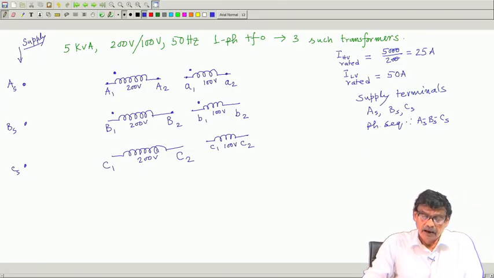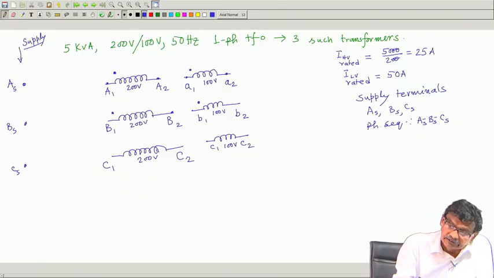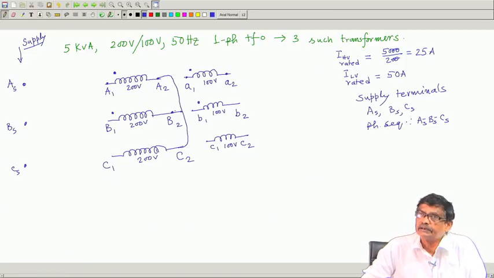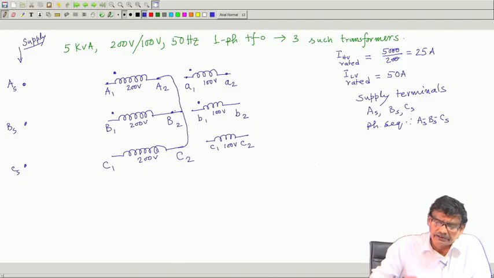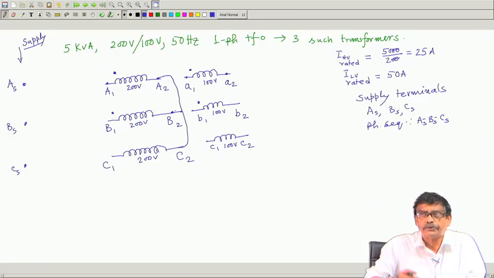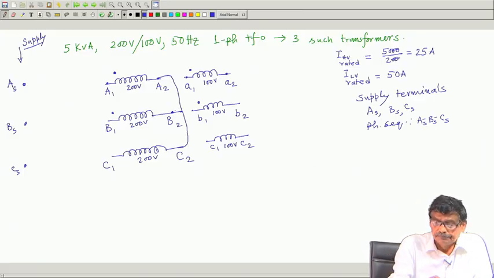Now, these 3 terminals A2, B2, C2, suppose I short them, then it becomes a star connected primary. Star connection means 3 coils are there, 3 terminals of each of them you short. Okay? So, this is how you short it.